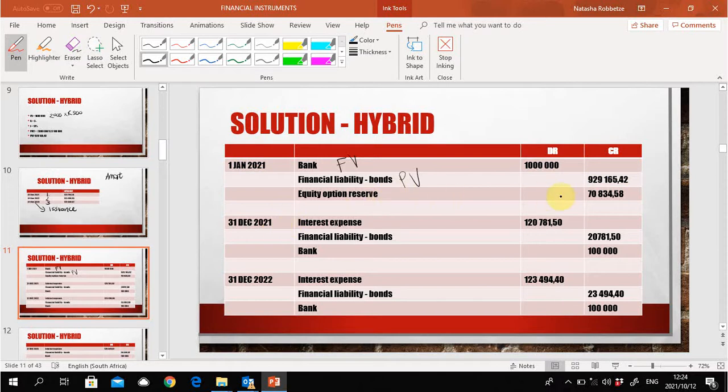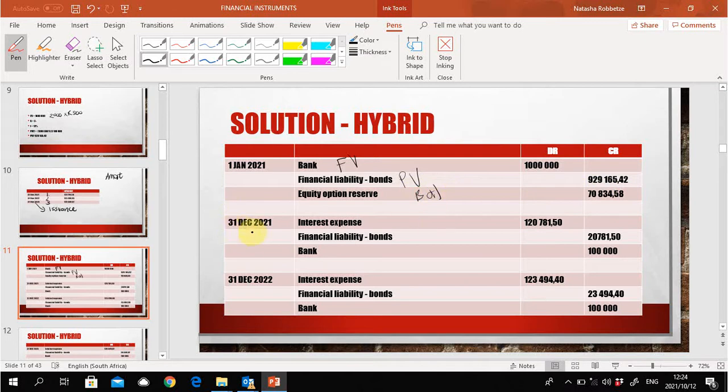The difference we call equity option reserve, and the equity option reserve represents that there's an option between getting equity, which is the shares, or taking the money. So the value of the option is your balancing figure here on the credit side.